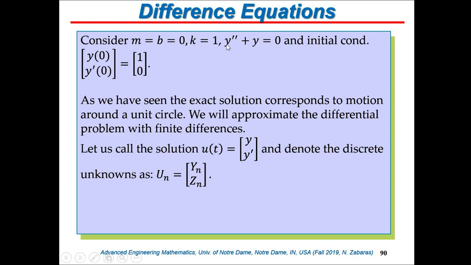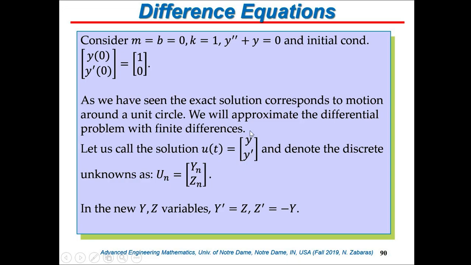Remember, my system of equations is really y double prime plus y equal to 0. So let me approximate this. This is the system of equations I have for capital Y and capital Z. You can see here it says y prime equal to z. That makes sense, right?